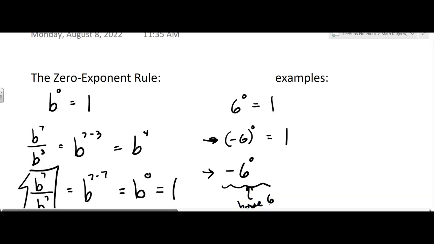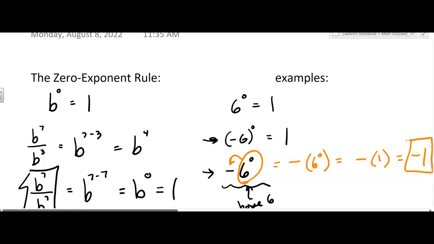So you think about your order of operations. First you do exponents, first I do this, then I do the subtraction, right? So it's going to be the opposite of 6 to the 0. You could think of it that way, that's what I'm trying to say. So the opposite of 1, or the answer is negative 1. That one's really tricky for students.